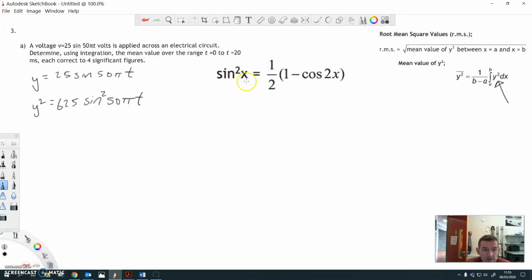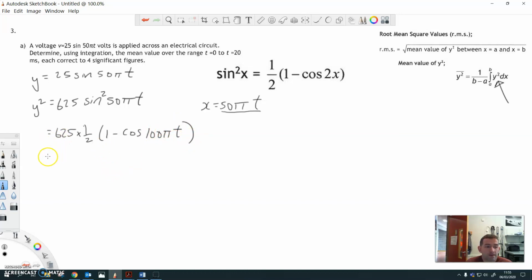Now, you see this sine squared x? With us, we can say that x is equal to 50 pi t. So sine squared 50 pi t. Now we'll keep our 625. So sine squared 50 pi t will become, this will be multiplied by 1/2 times 1 minus cos 2x, which will be 2 times this guy here, which will be 100 pi t.